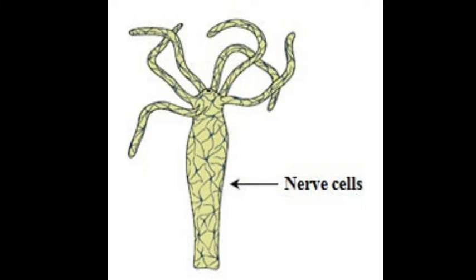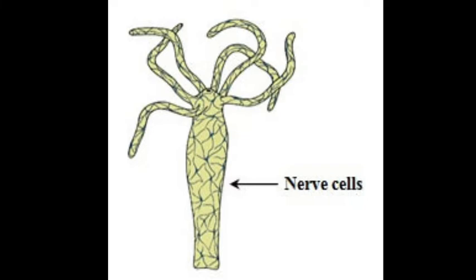The nervous system is made by neurons. So the coordination in simple multicellular animals takes place through the nervous system only. You see, hydra is a simple multicellular animal.